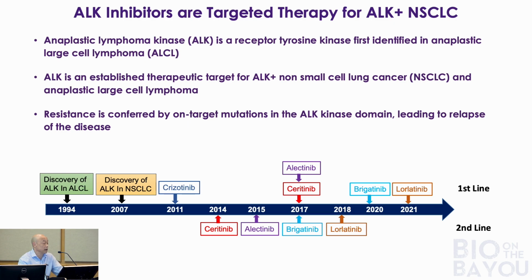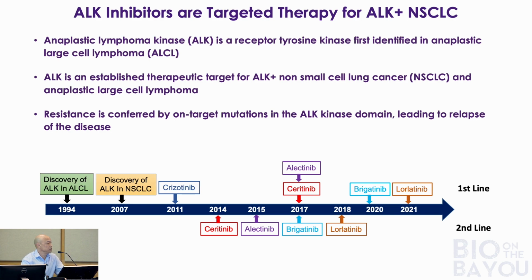The first ever ALK inhibitor, crizotinib, was approved, and it became a really established therapeutic target because it benefits this patient population tremendously, prolonging the survival of ALK positive lung cancer patients.